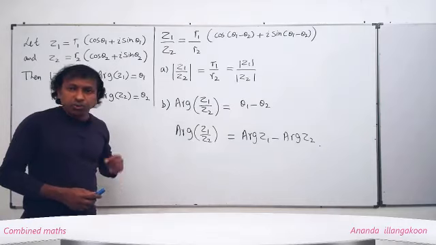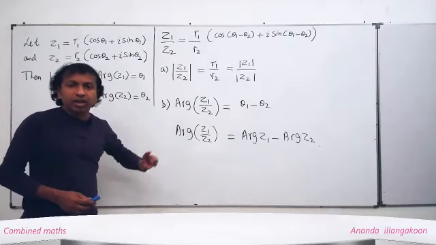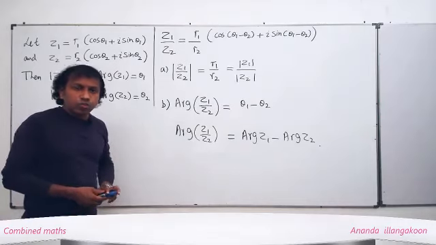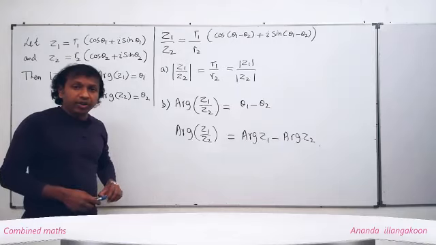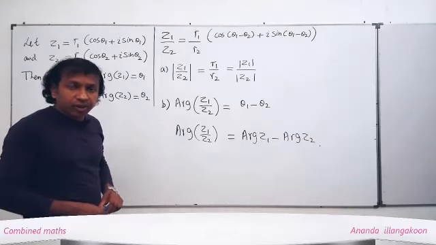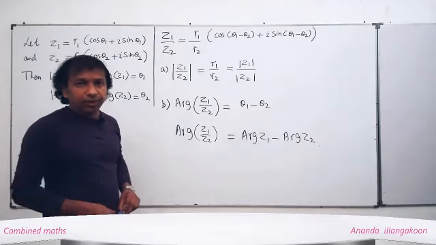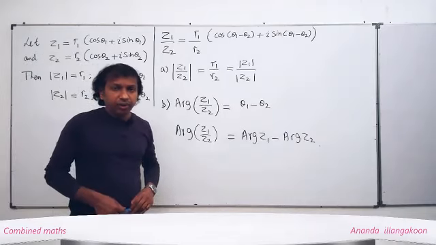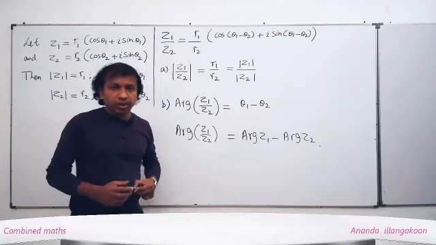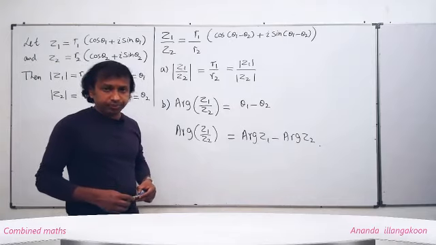Then that complex number is also available where? In the Argand plane. Then we should be able to identify the exact location of the Z1, Z2 product complex number on the Argand plane. Now we are going to find out how to mark the Z1, Z2 product, how to identify its location.